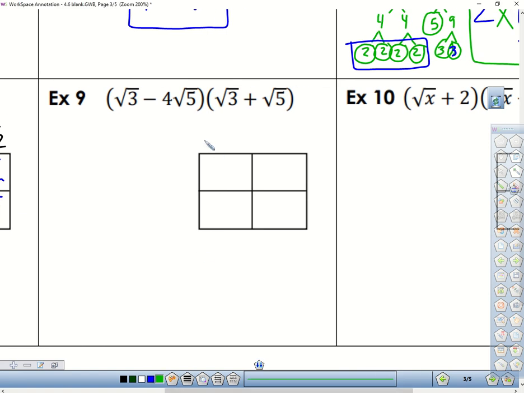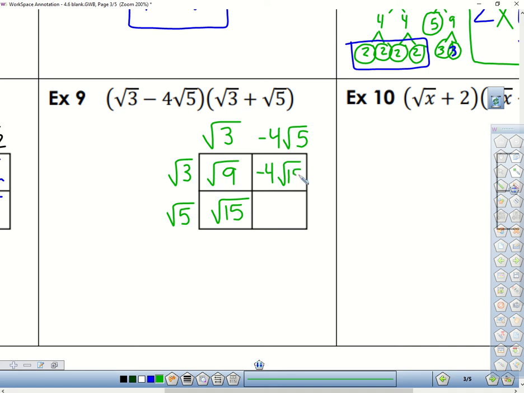So same procedure. We're going to do the square root of 3 minus 4 radical 5, and then the square root of 3 and square root of 5, or radical 5. Same procedure. This is going to be radical 9, radical 15, negative 4 radical 15, and negative 4 radical 25.